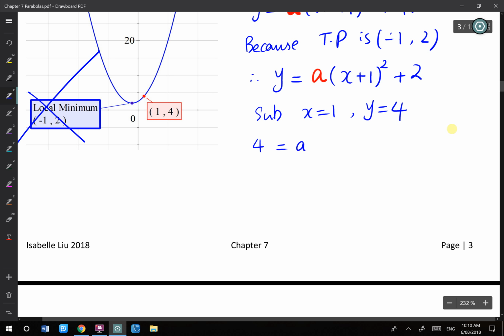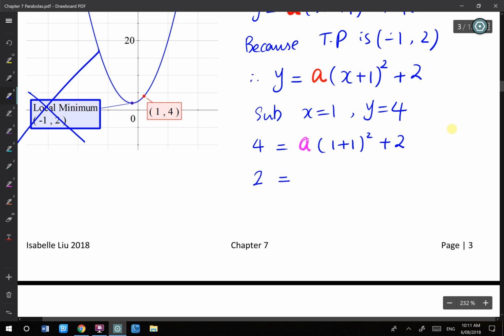4 equals a(1 plus 1) squared plus 2. With x equals 1, this a is still here. This a is what we're trying to work out. So we minus the 2 to the other side.